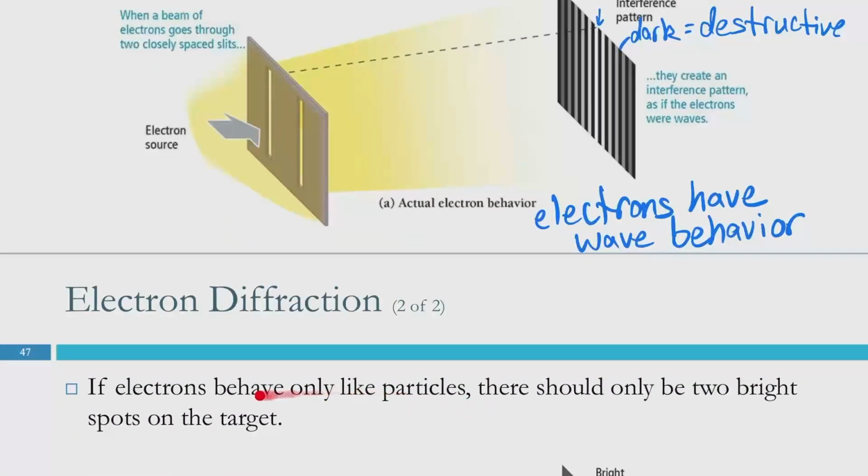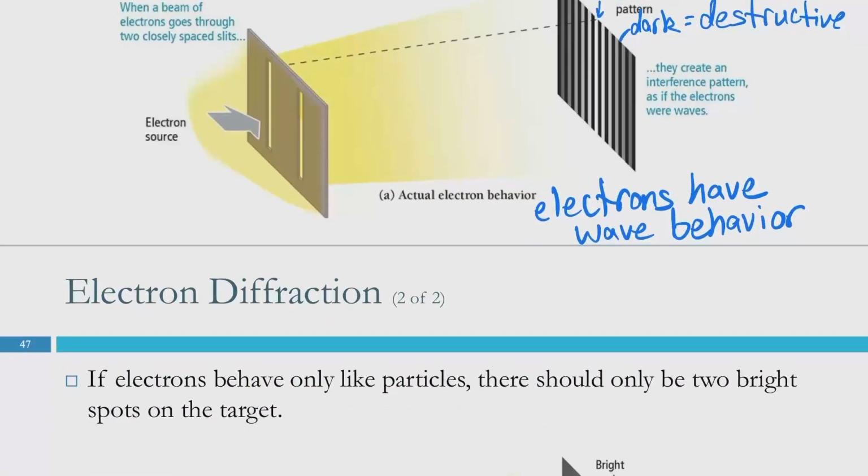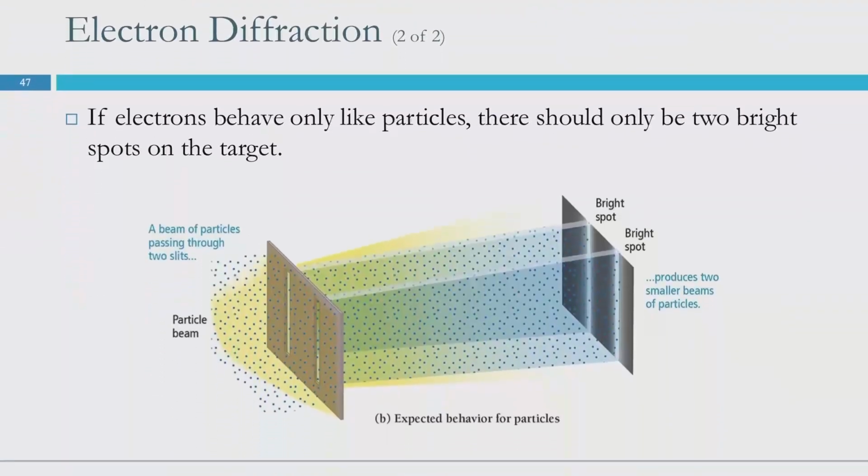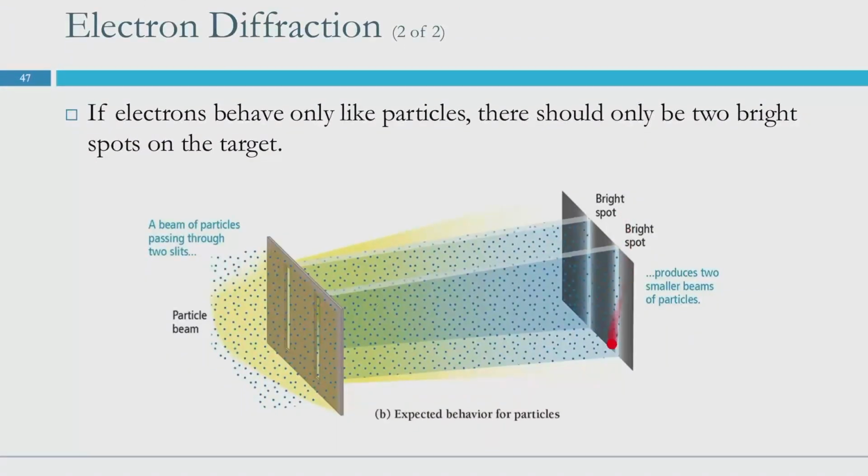If the electrons behaved only like particles, then rather than diffracting through those two slits, we would expect them to just pass straight through those two slits. So this is what particle behavior would look like. We would just have bright lines where the light went through the slit. It wouldn't have diffracted at all.